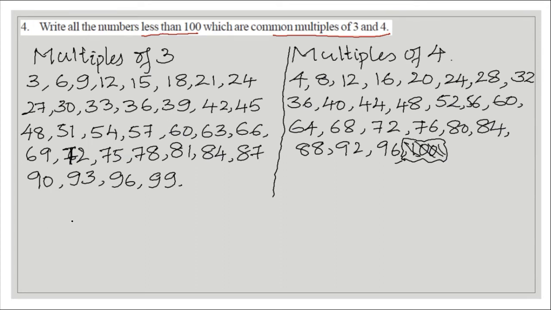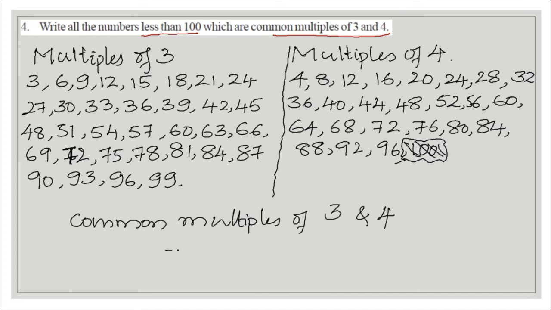Now we need to identify the common multiples of 3 and 4. I will highlight the common multiples. Here we have 12, the first common multiple. The next common multiple in line is 24. The next common multiple will be 36.